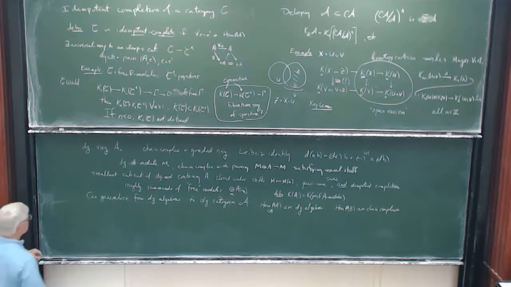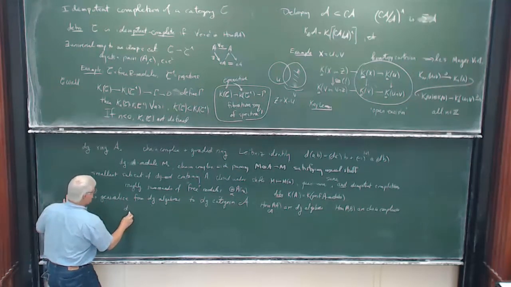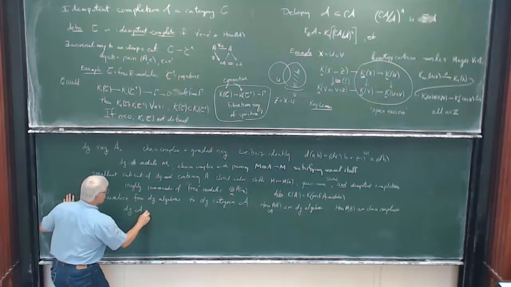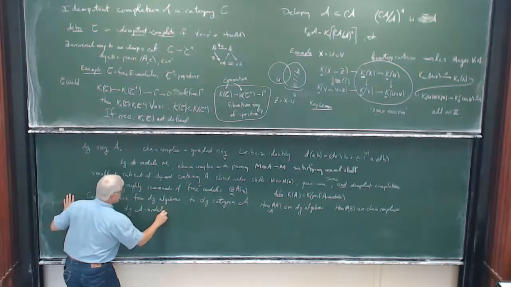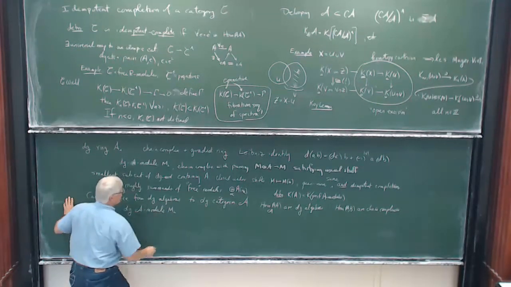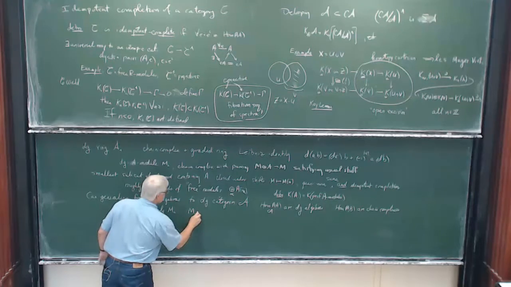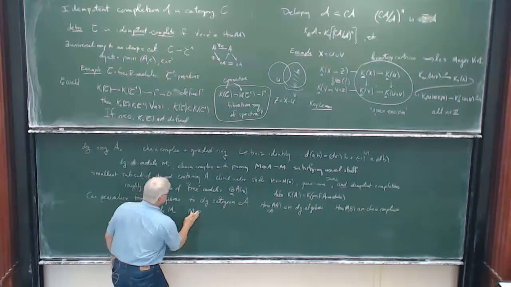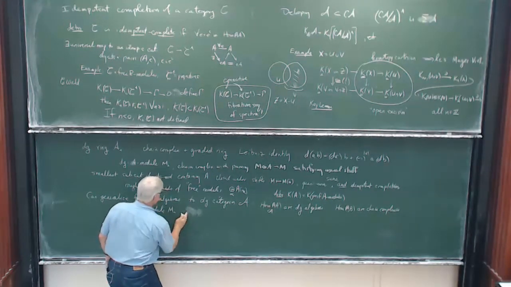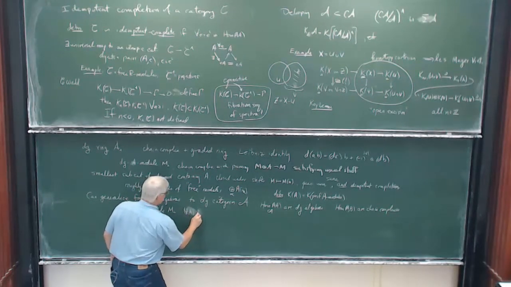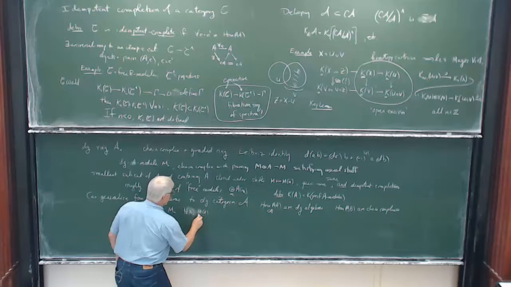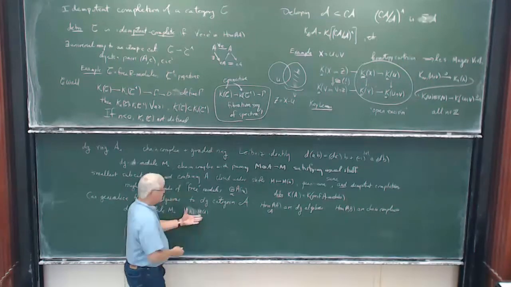Okay, so then what is a DG module? M, well, it's a chain complex. So for every object A, you get a chain complex M(A), and it's natural in that.